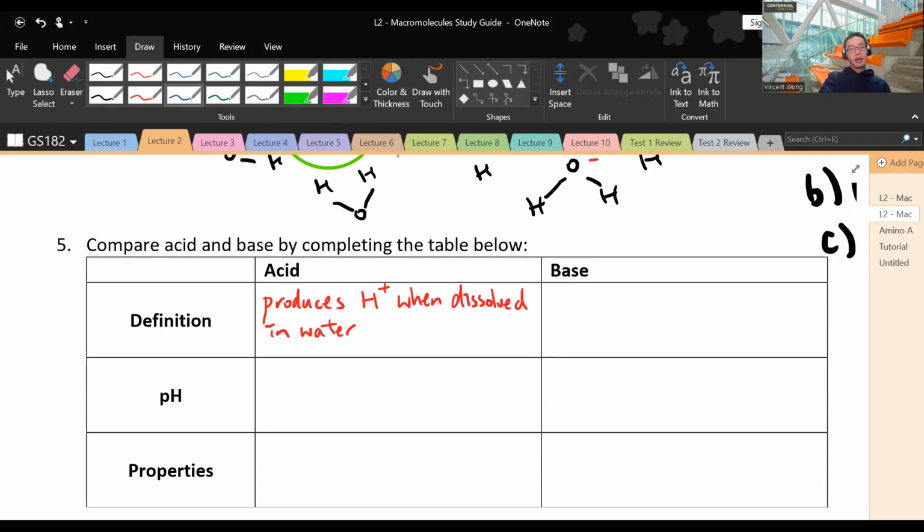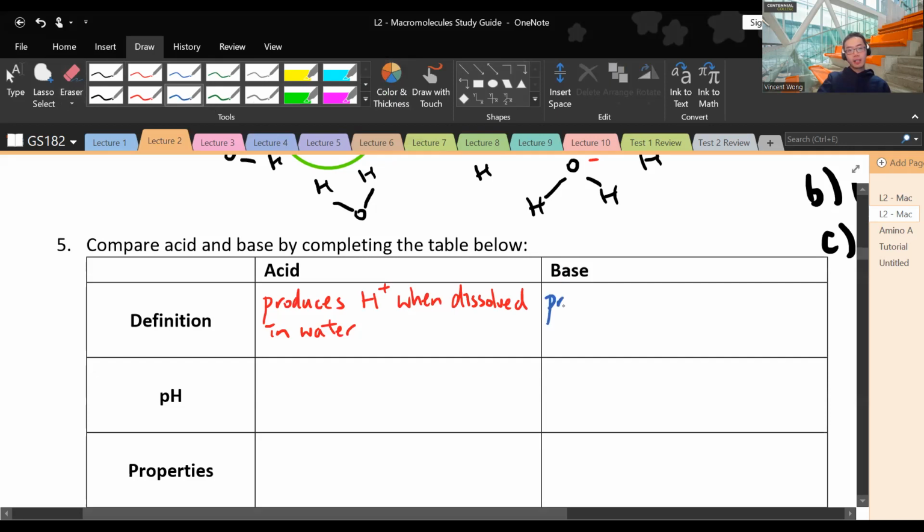And a base is something that produces OH- when dissolved in water.